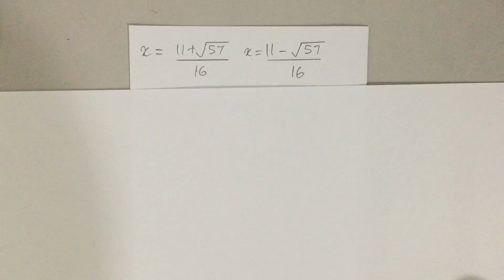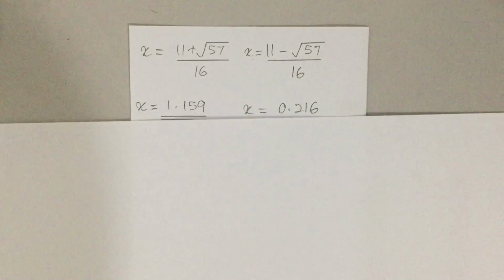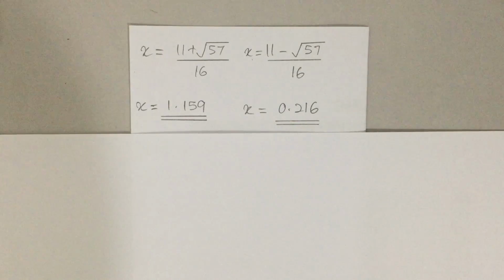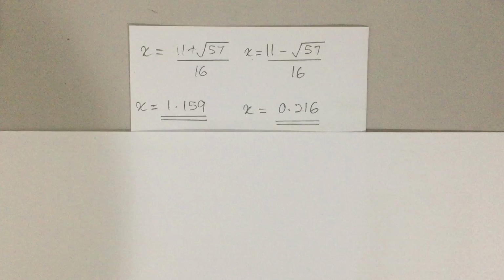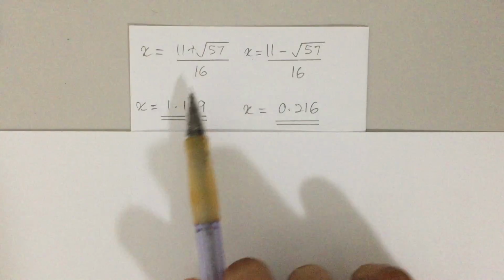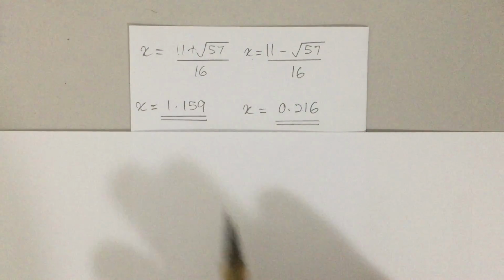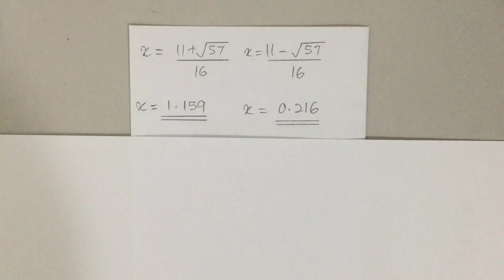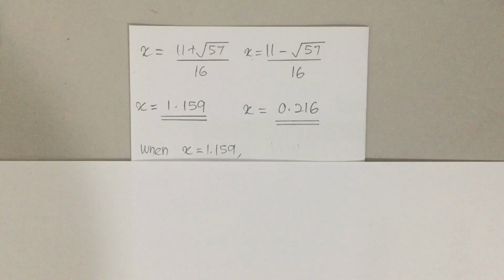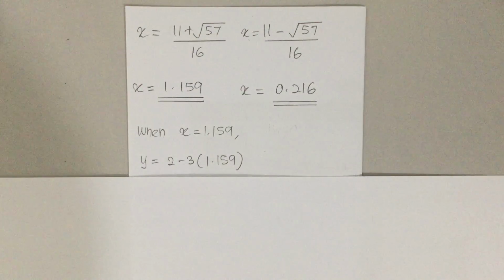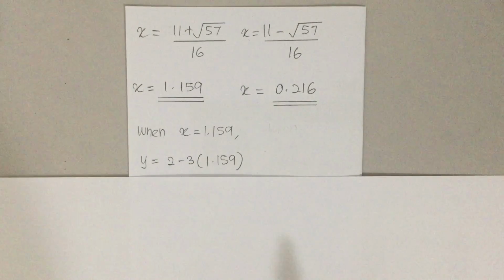From here you will get the two respective x values, which are x equals 1.159 and x equals 0.216. Alright guys, once you get these two respective x values, you need to substitute back into either one of the equations. When x equals 1.159, I substitute my value into the third equation, y equals 2 minus 3x.